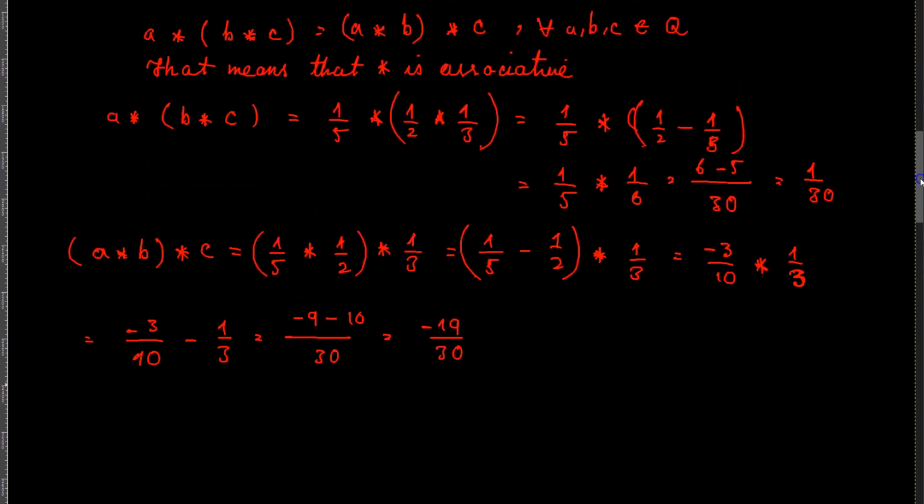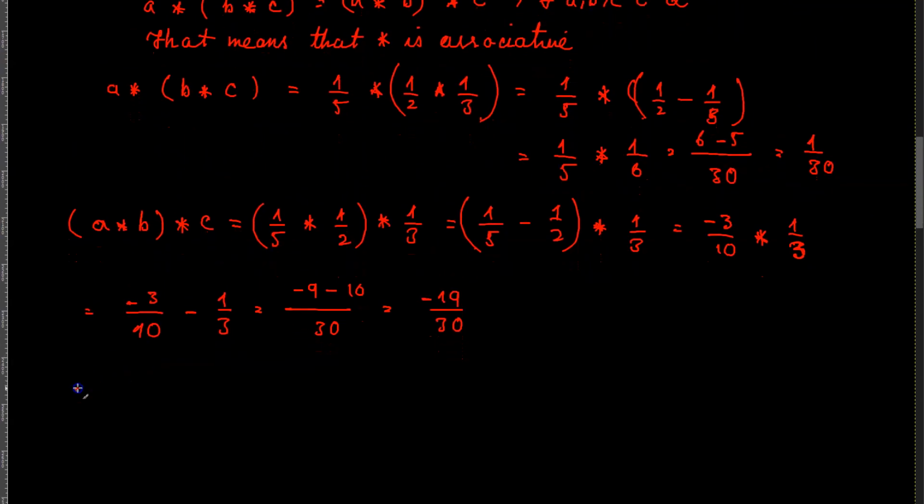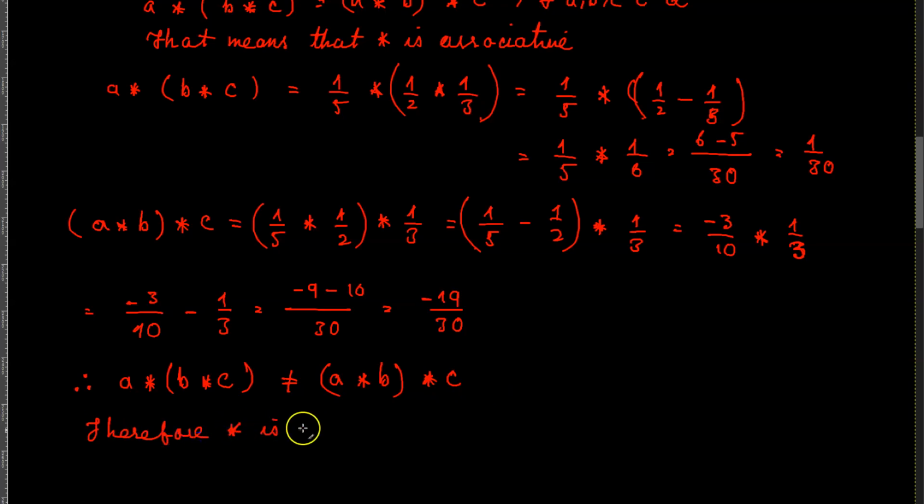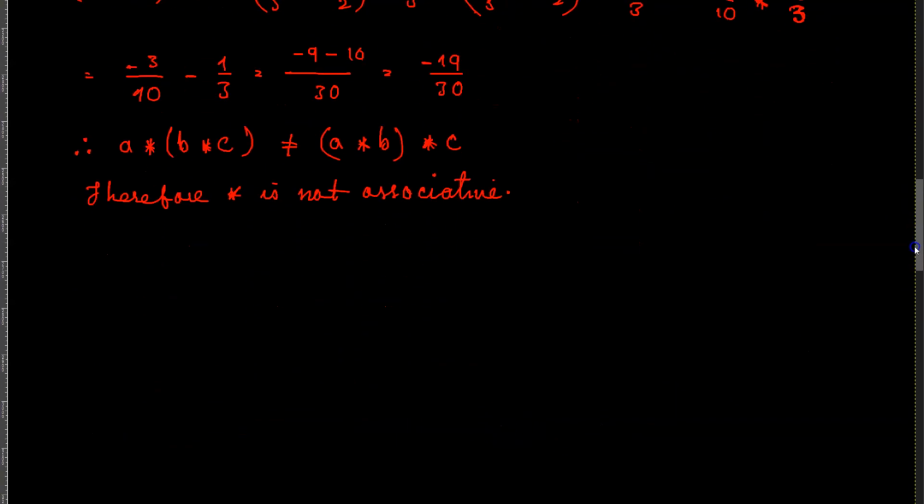So as you can see, A star (B star C) is not the same thing as (A star B) star C. Therefore, star is not associative.